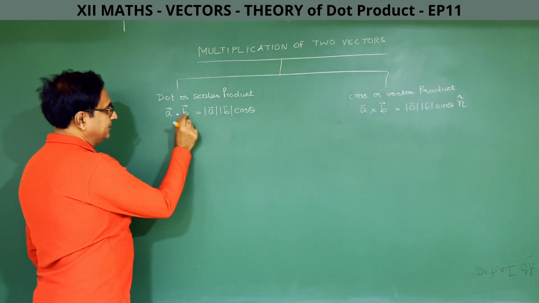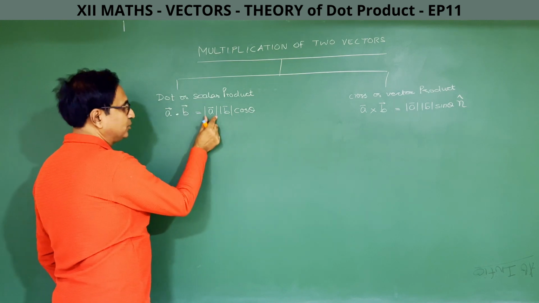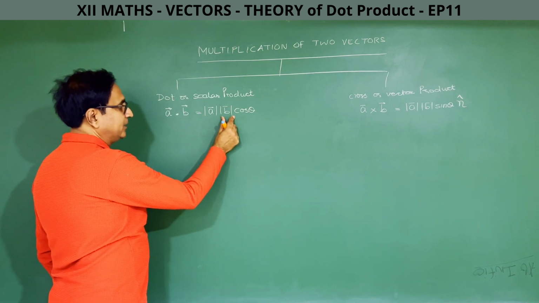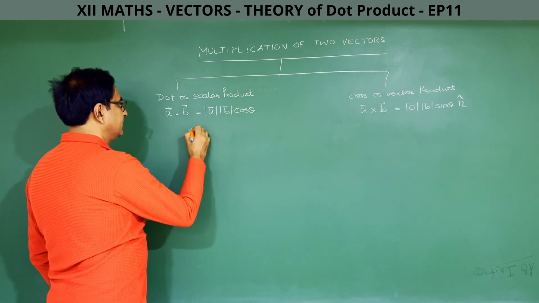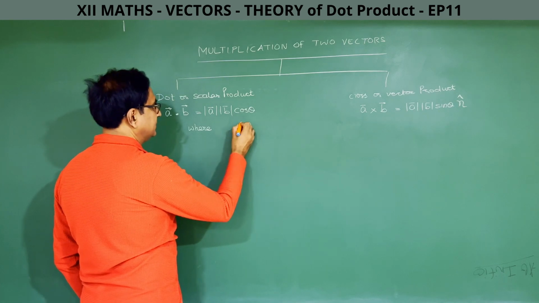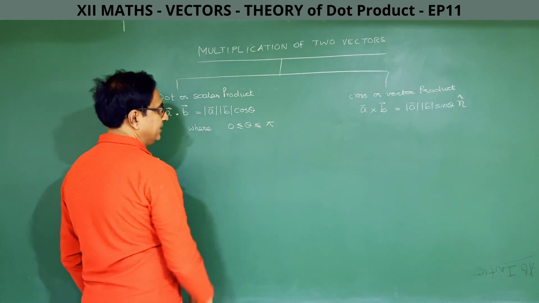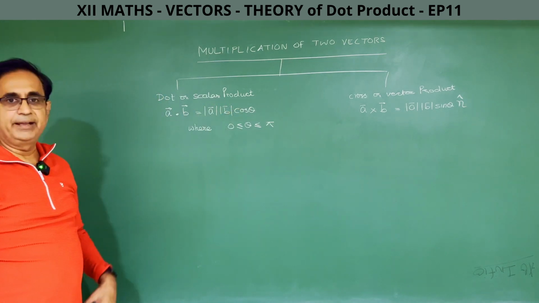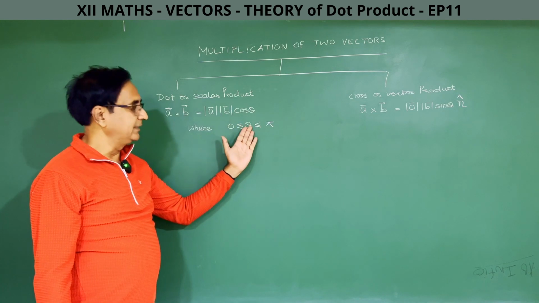Now this is the vector, which has the cross inside, and this side is a pure number. Magnitude of A is a positive number, magnitude of B is a positive number, theta is the angle between the two vectors, and we have already studied the angle between two vectors is between 0 and pi. So cos theta will be negative if theta is in the second quadrant, and will be 0 when theta is pi by 2.